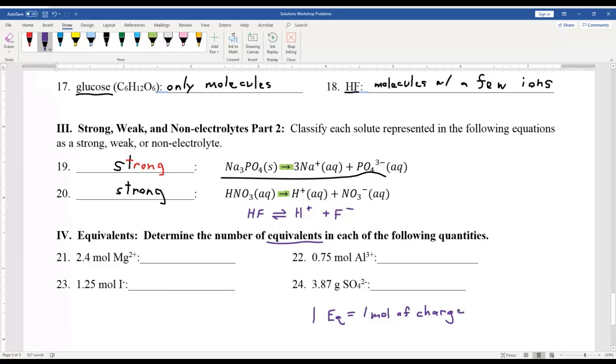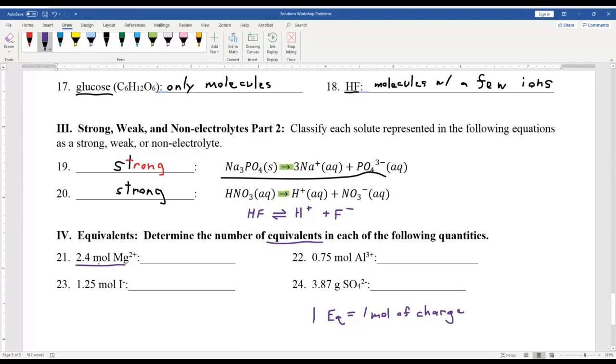So if I'm looking at this, for example, 2.4 moles of magnesium, well, magnesium has a 2 plus charge. So how many moles of charge would that be? There's 2.4 moles of magnesium, but every magnesium has a 2 plus charge.